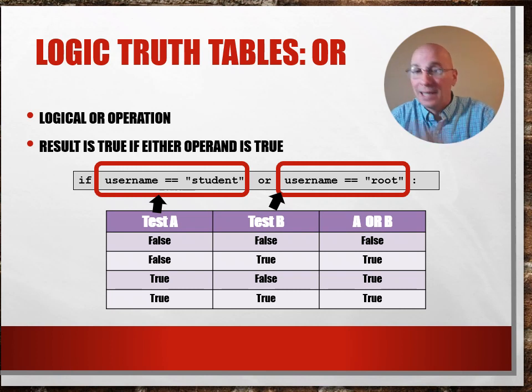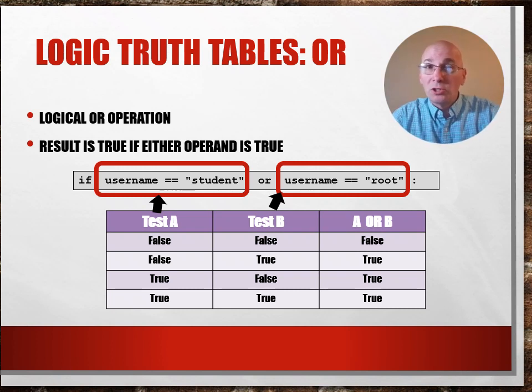So in this case, this is going to execute this block of code that would go beneath here if either one of these values was true. But if test A is false and test B is false, then A or B is false. If test A is false, the username is not student, but test B is true, the username is root, well then it is going to execute, so A or B is true.